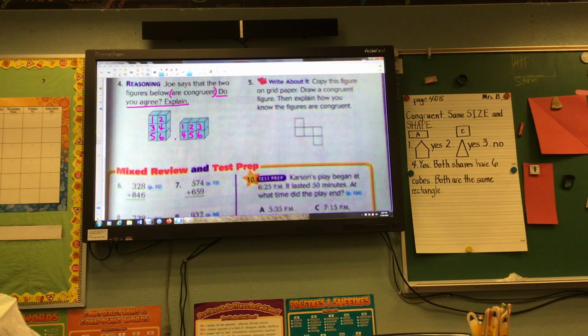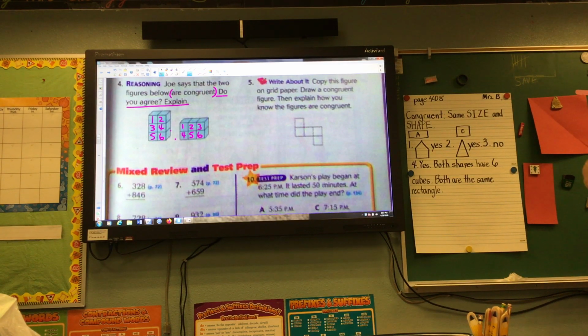They are the same rectangle. Both shapes have 6 cubes, and both are the same rectangle. They have the same size cubes and the same size shape. So yes, they are.